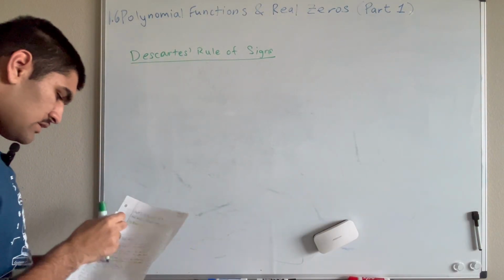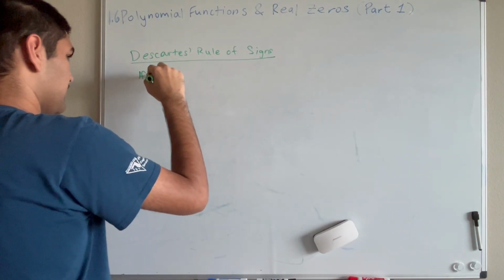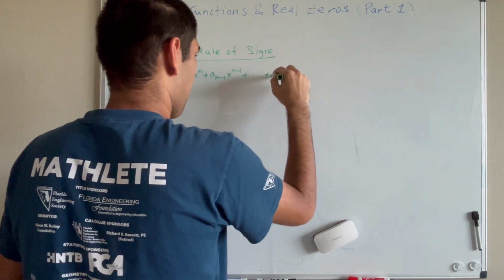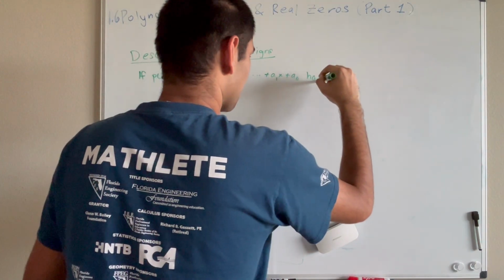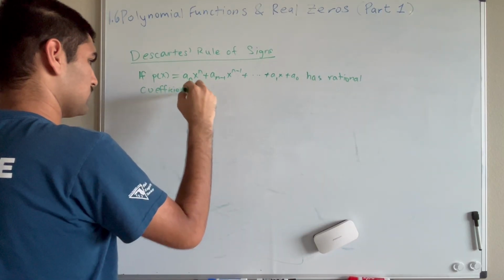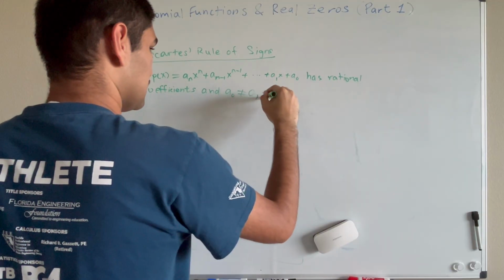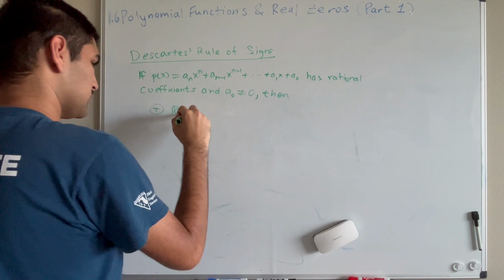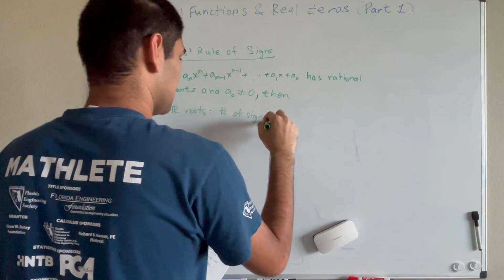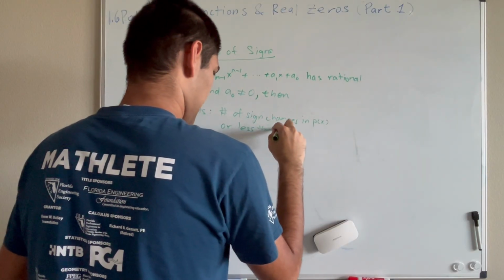So what this theorem says is that if you have some polynomial p of x, if it has rational coefficients and the constant term is not 0, then the number of positive real roots is just the number of sign changes in p of x, or less than that by an even number.